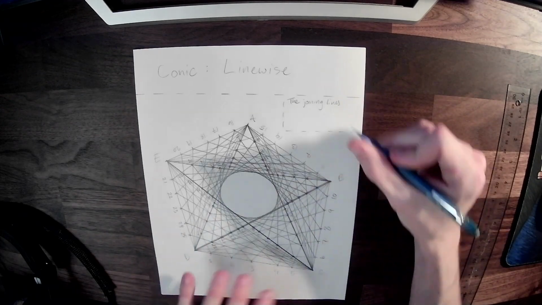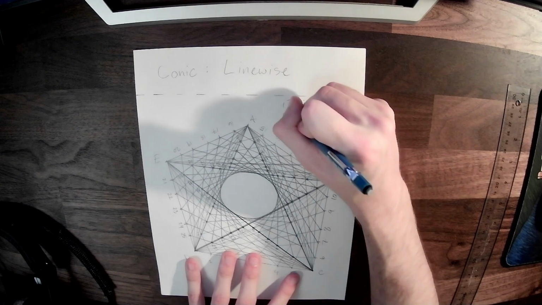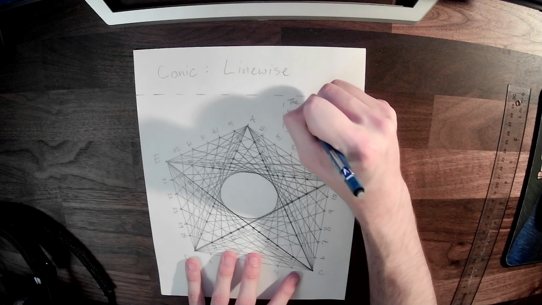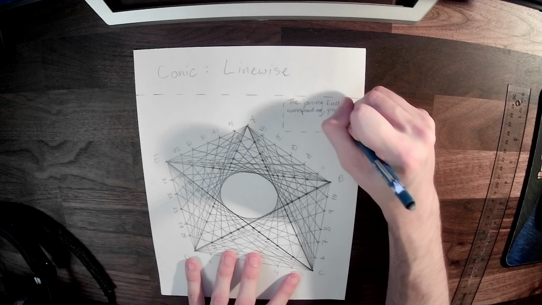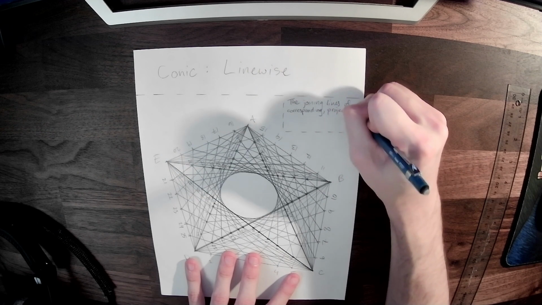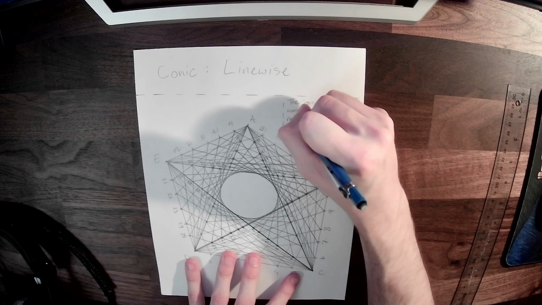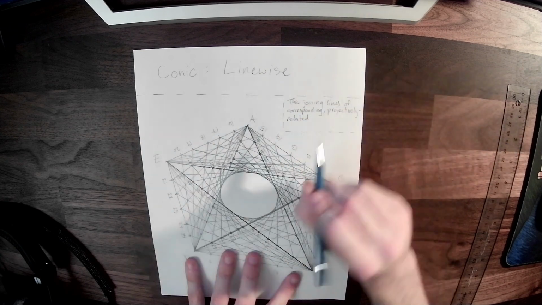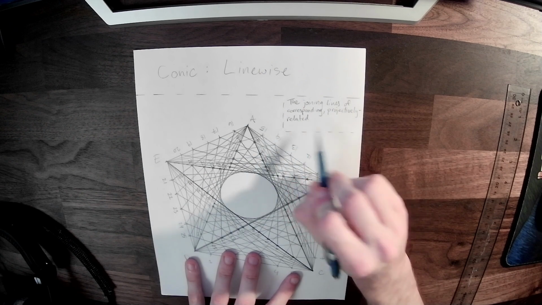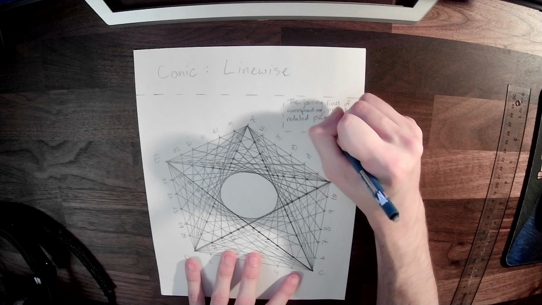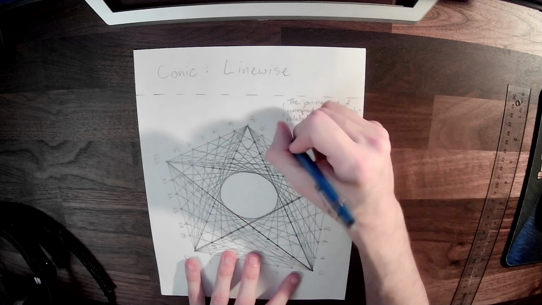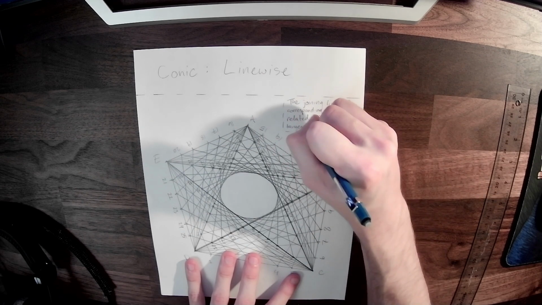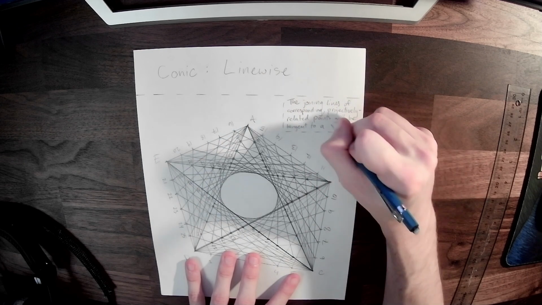It says the joining lines of corresponding, comma, projectively-related points will be tangent to a common conic section.